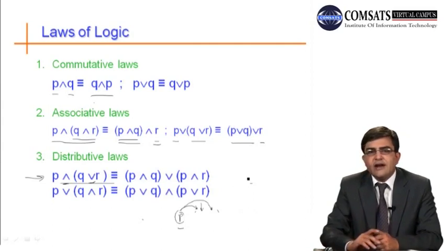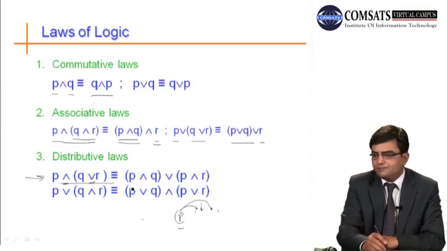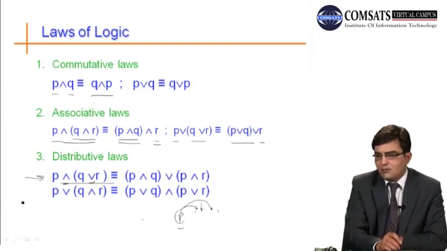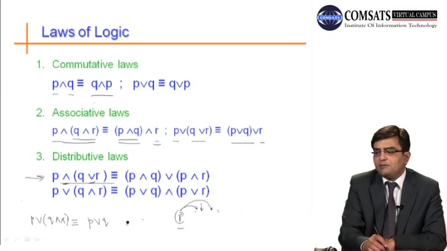Similarly, we can write the second distributive law, which is P or (Q and R). This is logically equivalent to, as I told you, we write (P or Q) and (P or R).